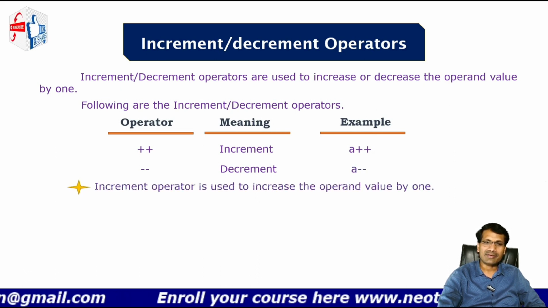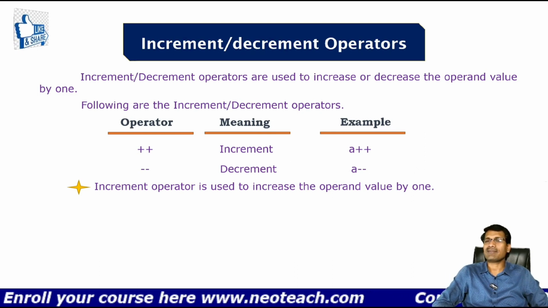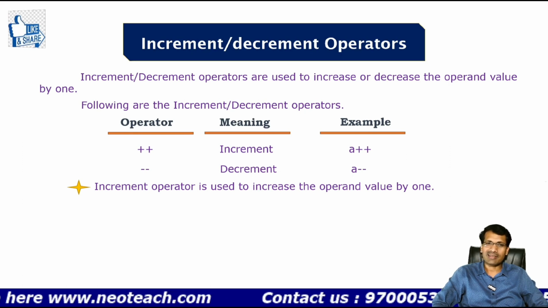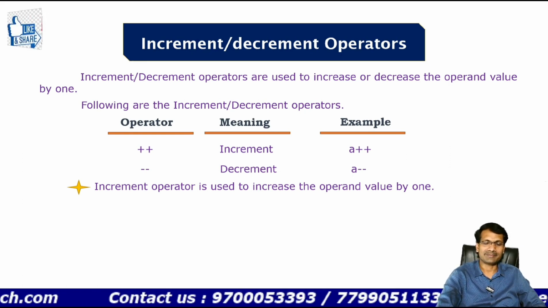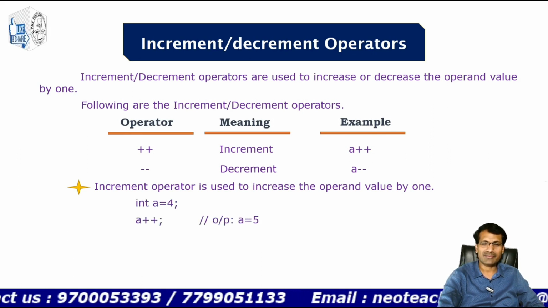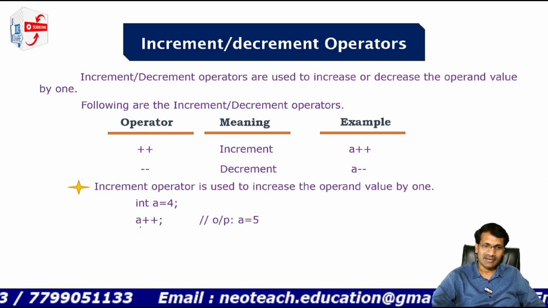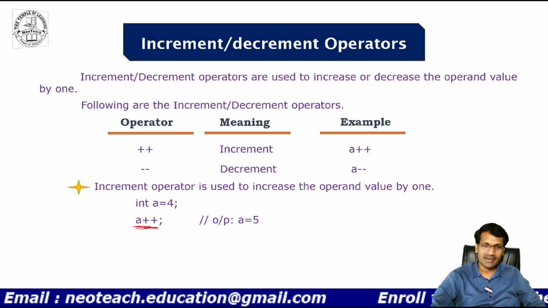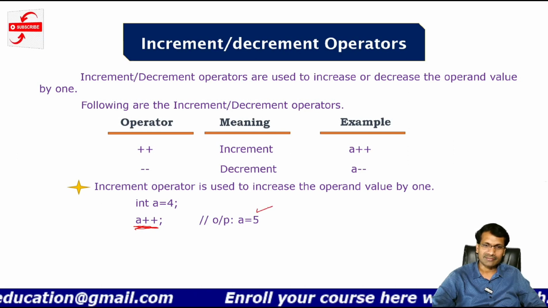As I suggested, the increment operator is used to increase the operand value by 1. However many times you apply that operator on that operand, every time it increases by 1 only. Consider one example, a equals 4, and we perform incrementation on a. This means a will become 4 plus 1, which is 5.